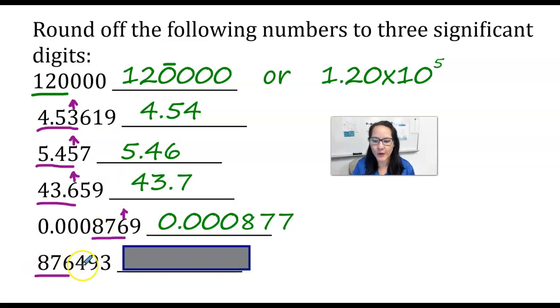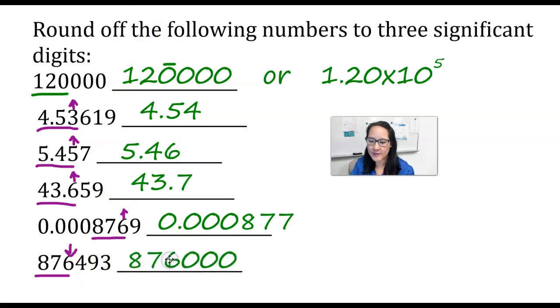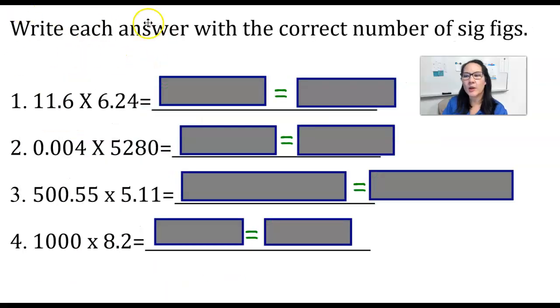Because the 6 is followed by a 4, I am going to keep it a 6, not round it down, just keep it a 6. Because this is 876,493, I need placeholding zeros for the 400, the 90, and the 3. So this is going to be 876,000.